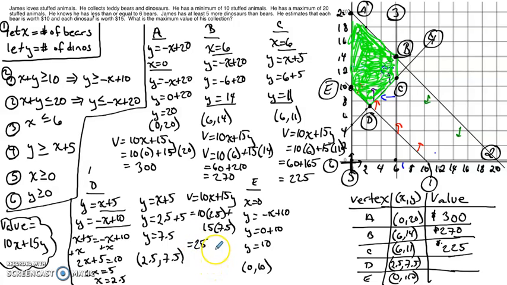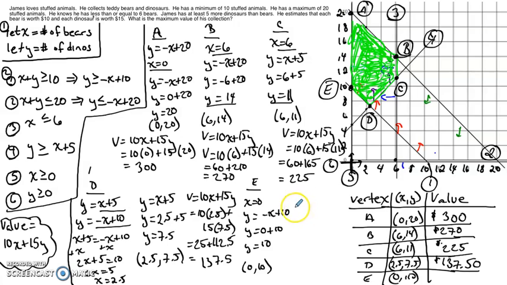And 15 times 7.5 is 112.5. So 25 plus 112.5 is 137.5. And if we're talking about money, we'll add that extra 0.